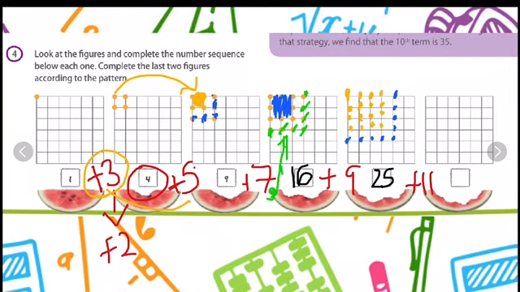Now, right here I have my 25 dots. Now to those 25 dots, I will add 11 dots more. So you're going to count. Let's do it over here. 1, 2, 3, 4, 5, 6, 7, 8, 9, 10, 11, 12, 13, 14, 15, 16, 17, 18, 19, 20, 21, 22, 23, 24, 25.